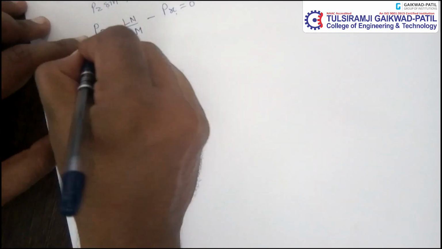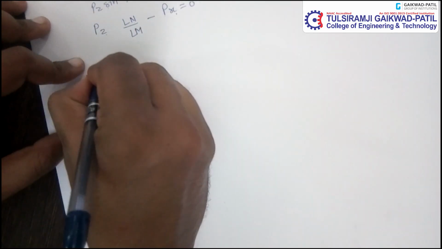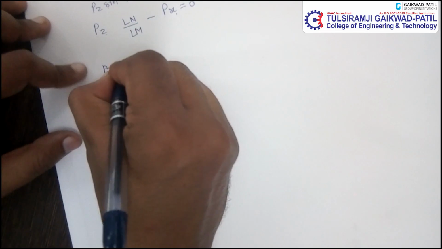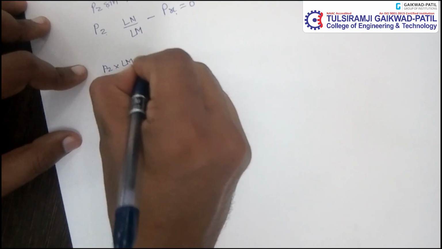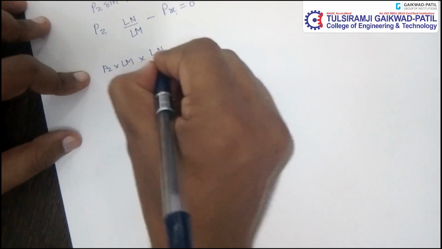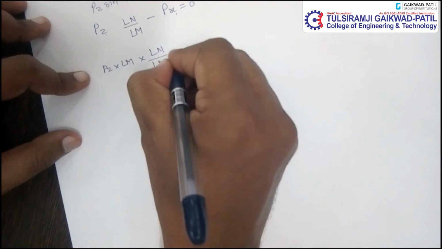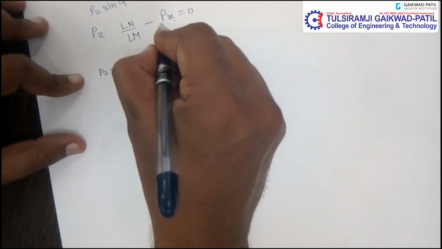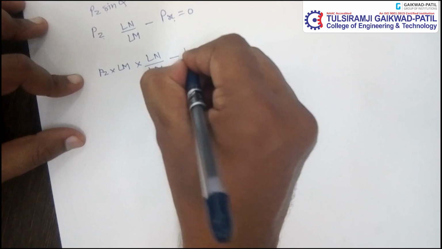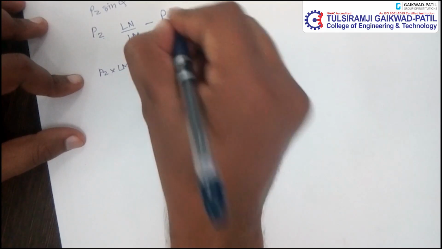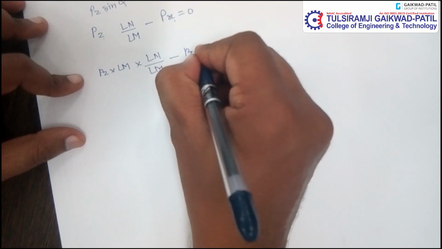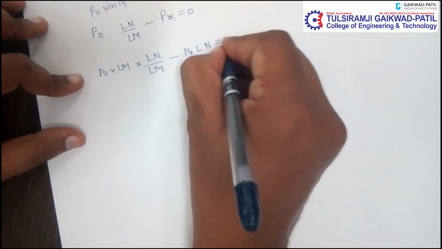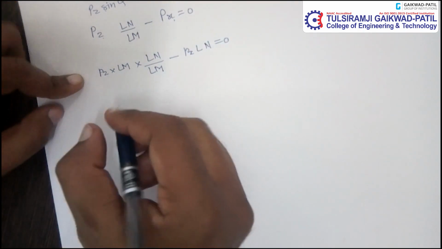So we have to replace this. Capital Pz is small pz into LM into LN upon LM as it is, minus capital Px is small px into LN is equals to 0.